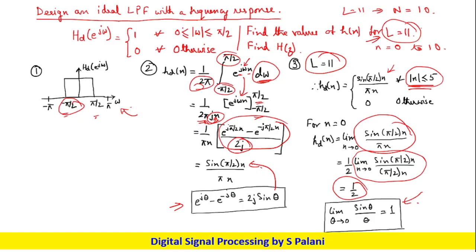But theoretically, we cannot have negative n values while designing causal filters. So after computing this, we can shift the values to the range of 0 to 5. This is just for the sake of easy implementation. We are computing for modulus of n values and not for the actual 0 to capital N. Your result would be the same, but this is how we need to do it.